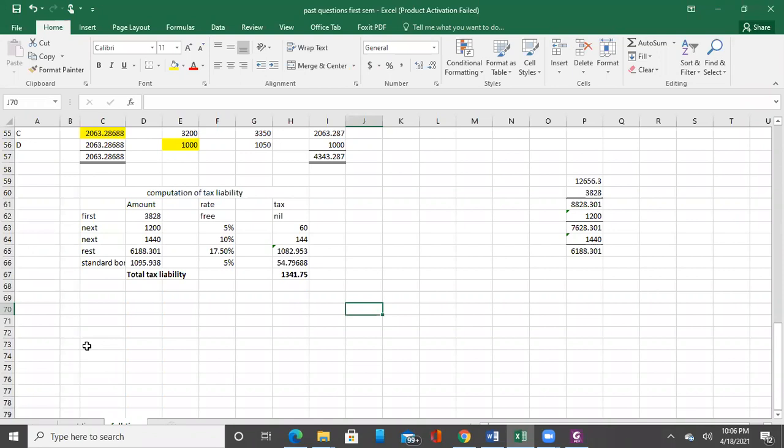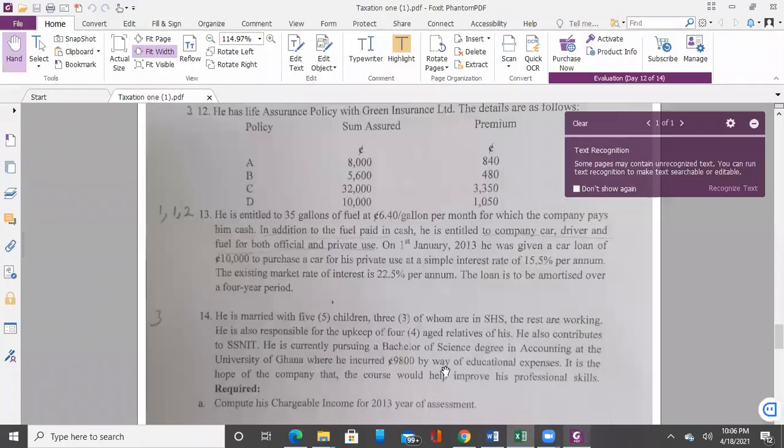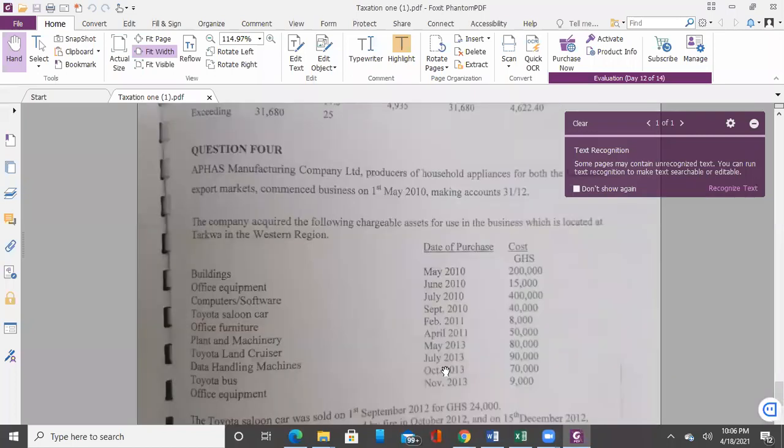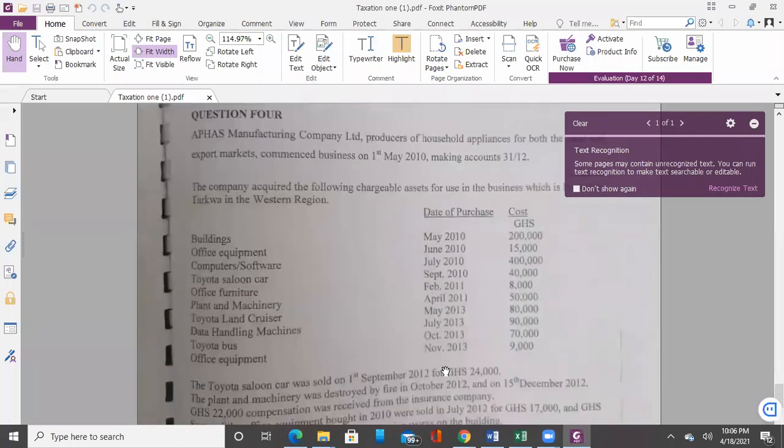Yeah, question 4 on capital allowance. This particular question. Now, question 4.